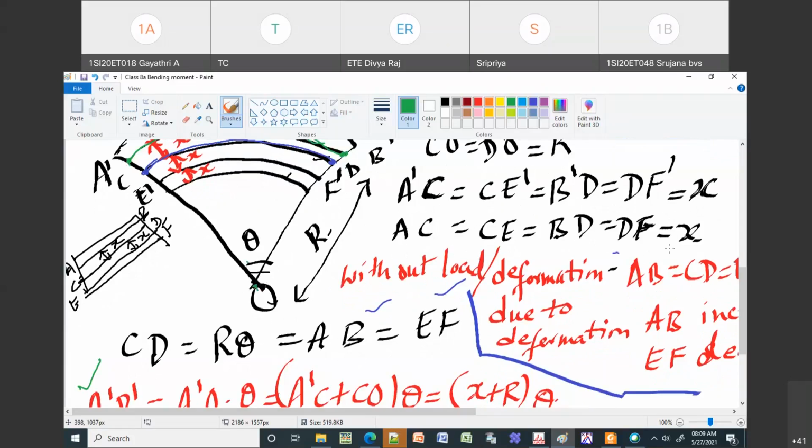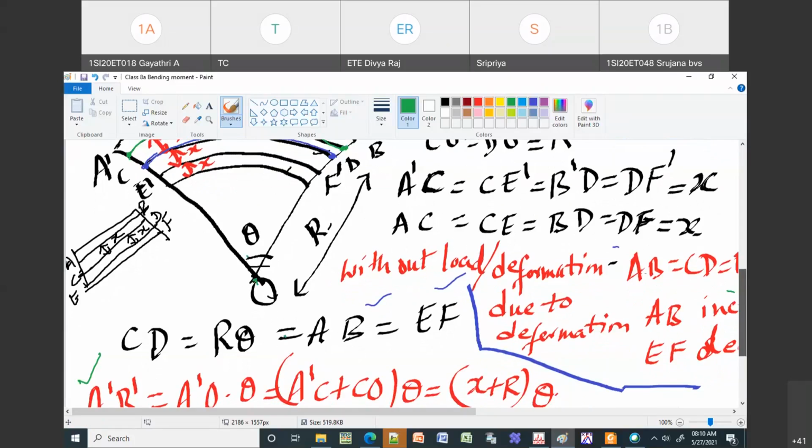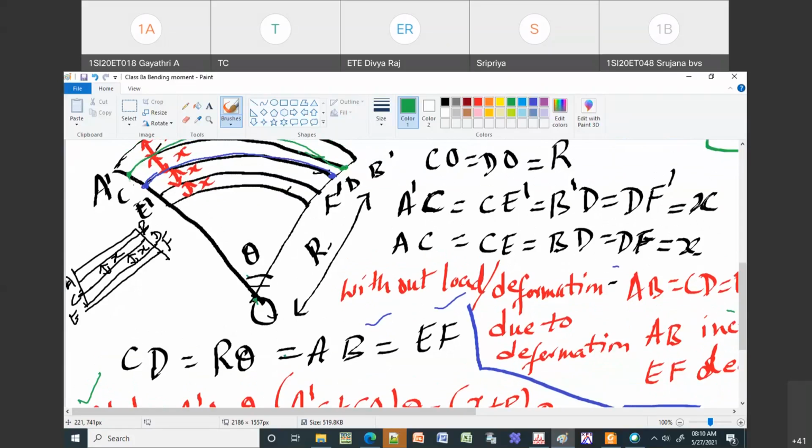So that is what we wrote here. A dash O into theta. Again, A dash O, I am just splitting into two things. Okay, so A dash C plus CO. So this is this distance plus this distance. That will give your A dash O. Okay, so A dash C plus CO.